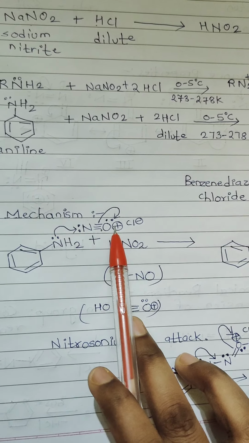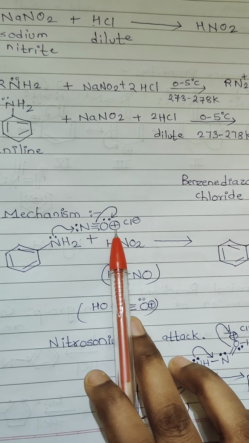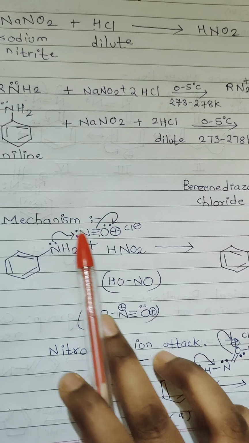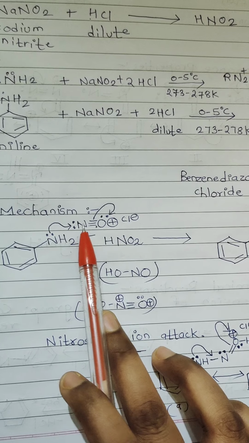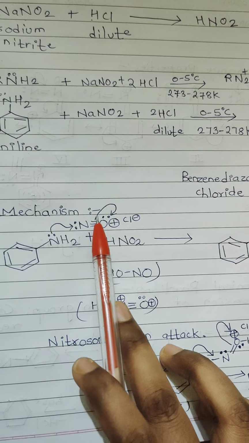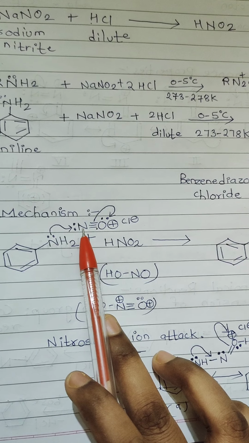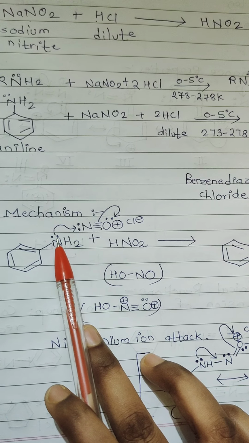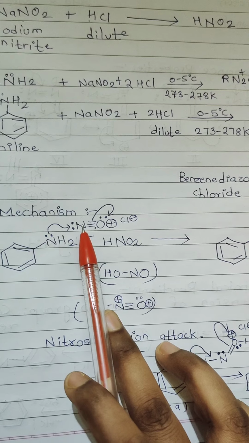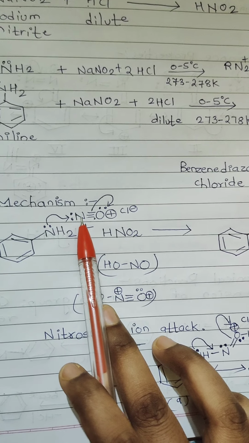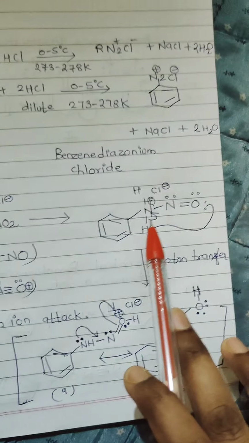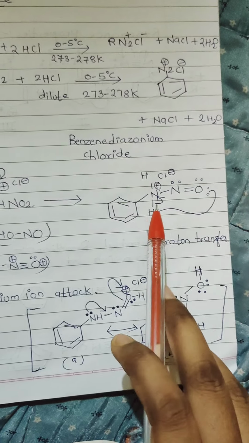As this oxygen carries positive charge, it is more electronegative than nitrogen, so it will attract these electrons towards itself. Therefore this nitrogen will become deficient, and the lone pair on this nitrogen will be supplied here. So the next structure becomes like this.